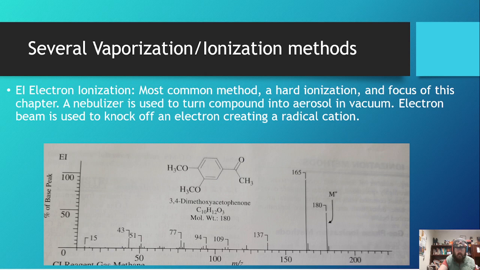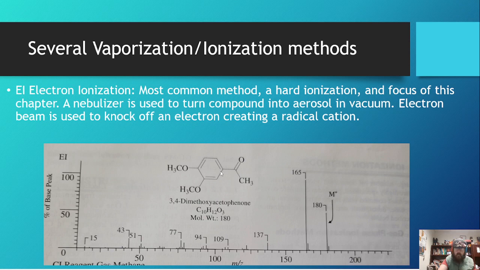If you create a database of various compounds, you're going to see the same fragment pattern for this compound, 3,4-dimethoxyacetophenone. And you could take an unknown, hit it, get this pattern, and then compare it with a computer database of a whole bunch of known structures and go, oh, it's this, without having to do a lot of work.